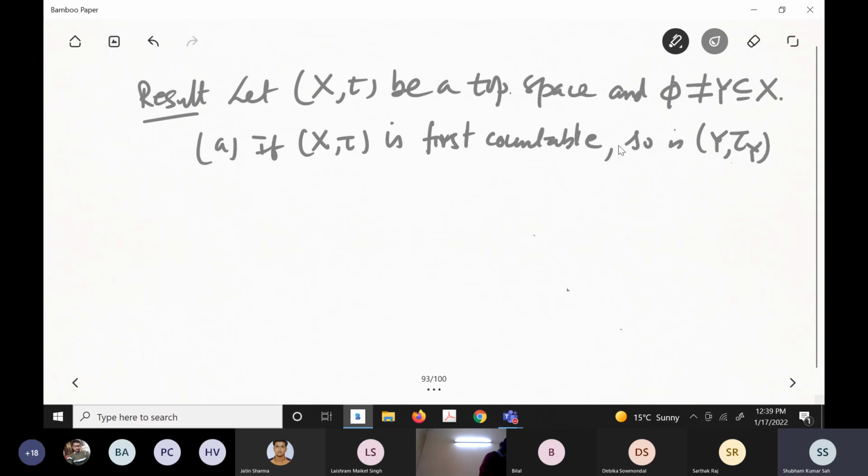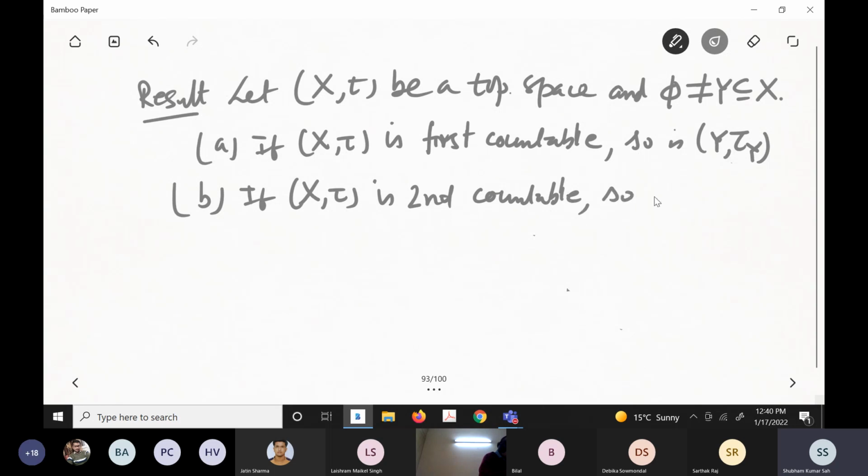People usually write in brackets "respectively second countable"; I am writing separately. If (X, tau) is first countable, it means it has a countable local base at each point. If (X, tau) is second countable, so is (Y, tau_Y).